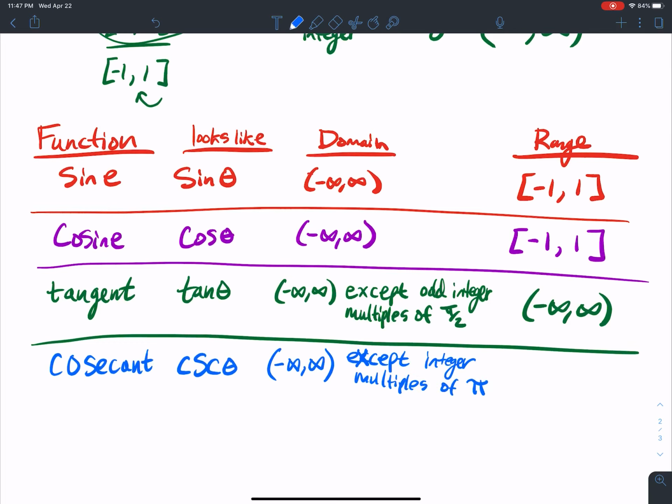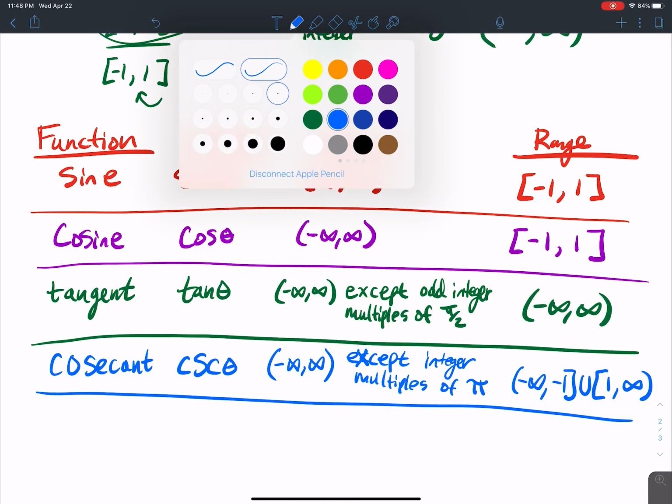Pi. Integer multiples of pi, because 1 over sine is the cosecant, okay? And so sine is 0 for multiples of pi. So what values here can we have? We can have negative infinity up to -1, union, and then from 1 to infinity. Okay, from our range.